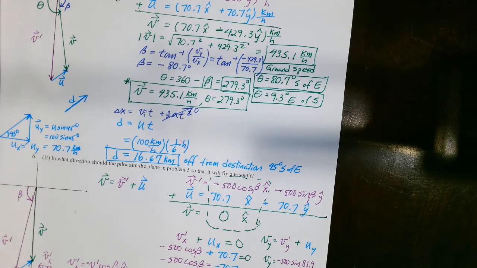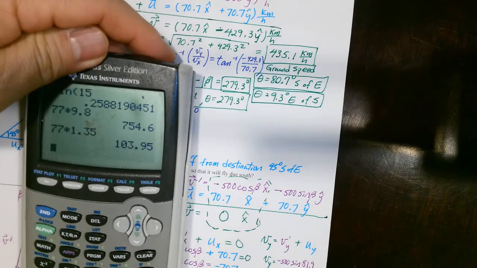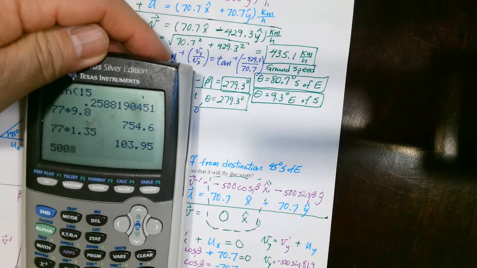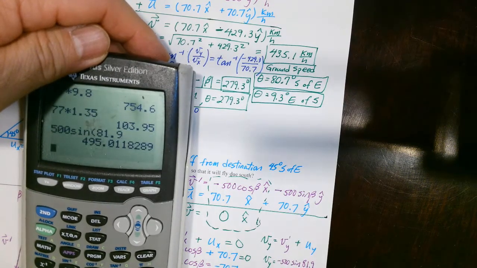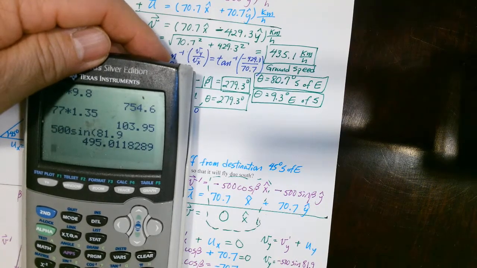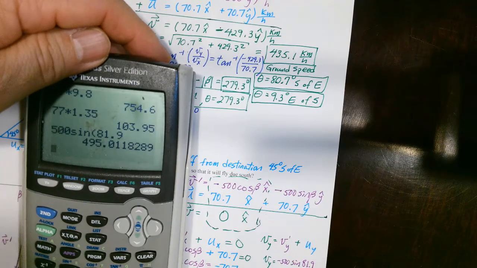So what is this purple value? The purple value is 500 times sine of 81.9, and I get negative 495.0 plus 70.7.